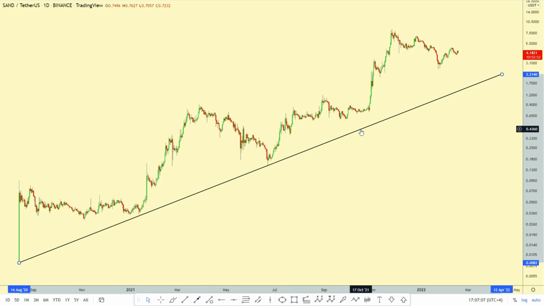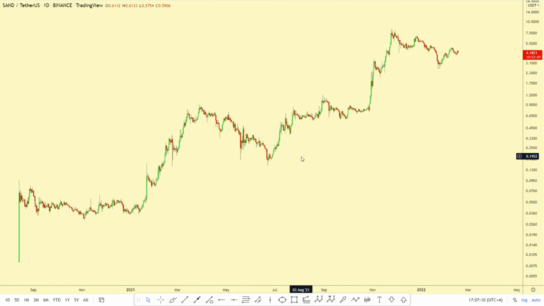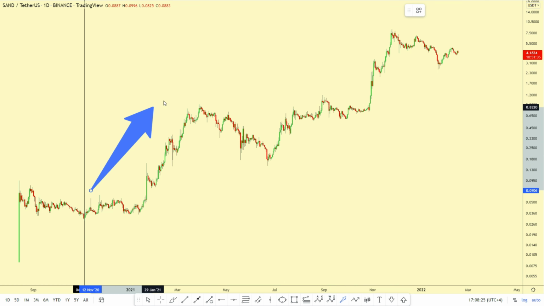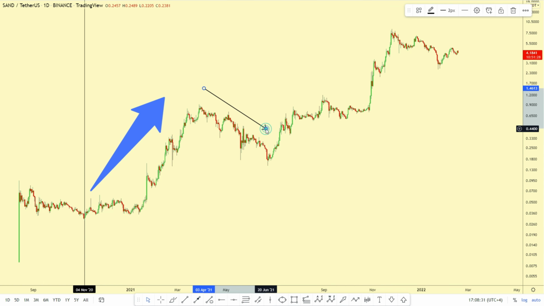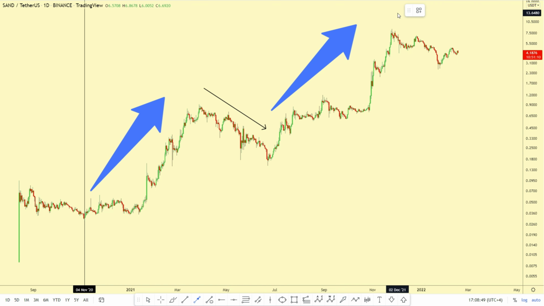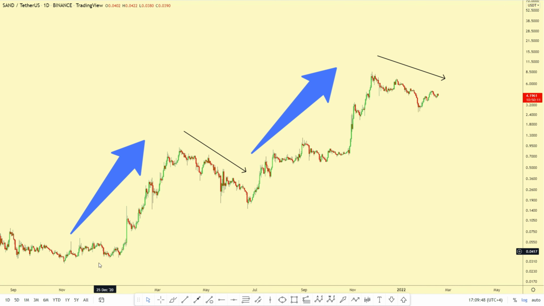Now let's move forward and take a look at the kind of structure that Sandbox is forming right now. We will ignore this part right here because this was right at the launch of Sandbox, and we will consider this structure as it has started from this point over here. So what we have so far is an initial impulse, a correction, a second impulse, and a second correction. When I took a closer look and compared the first impulse to the second impulse, I found that we don't have a divergence between them.